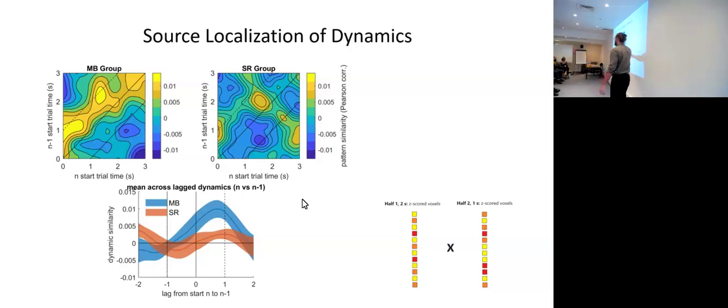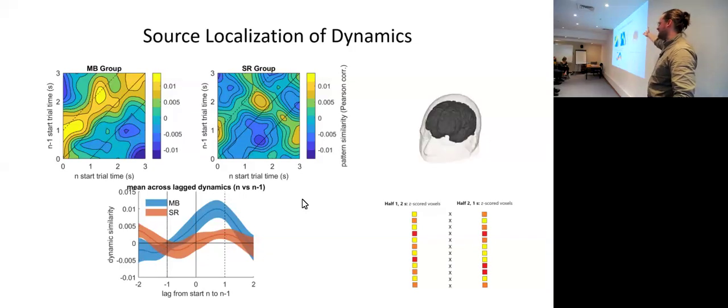You can just take each one of these voxels on its own and see which of these voxels are actually driving that correlation. So it's a bit like doing an RSA, but you're doing it one voxel at a time, and I place them on their respective places on the brain.